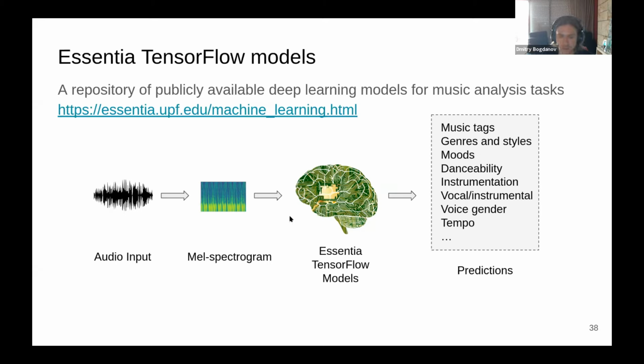Often the bottleneck for portability is that people use different types of Mel spectrograms for training their models. Maybe you know that there are different parameterizations that you can use there.